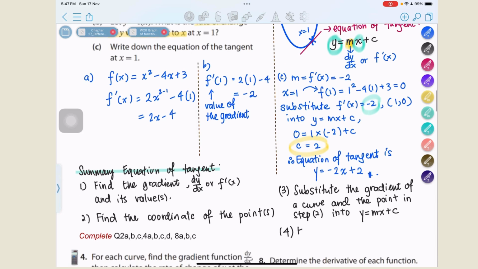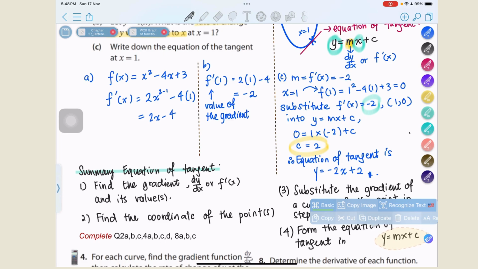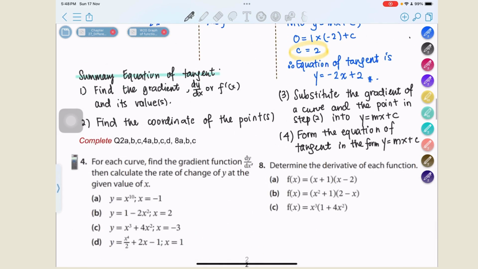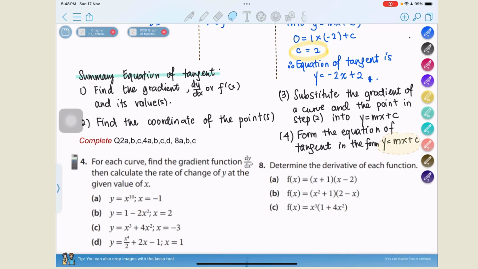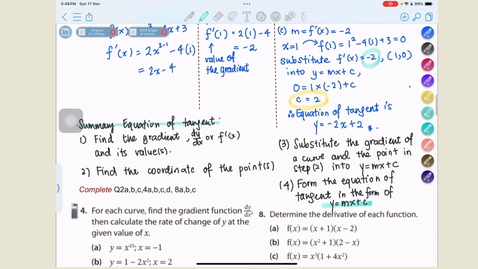The last step: form the equation of tangent in the form y equals mx plus c. Okay, thank you.